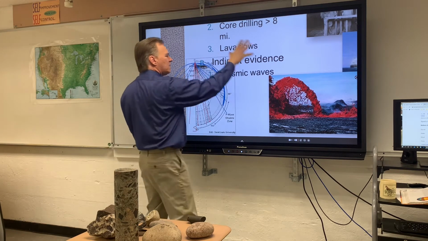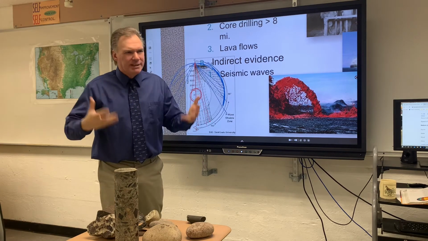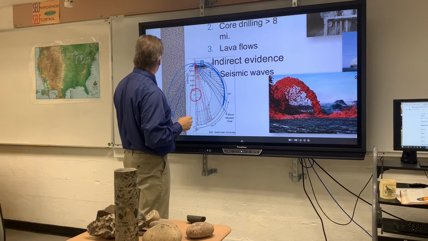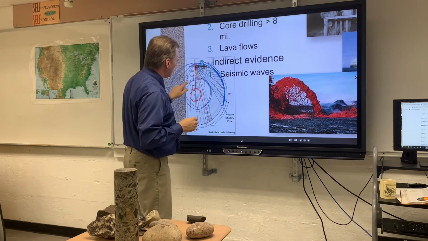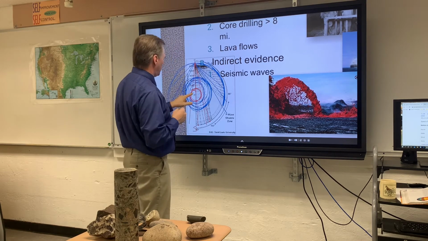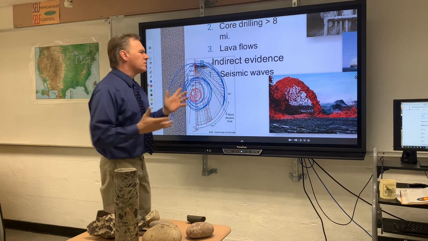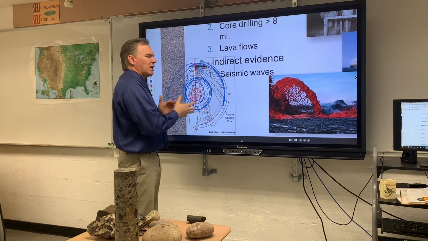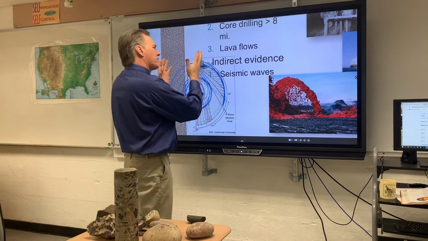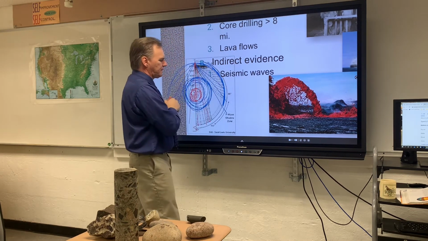So from all of this indirect evidence from earthquake waves, even though we've never been there and we really can't go there, they have determined that this outer layer, the outer core, is a liquid, and the inner core is a solid. Pretty cool that we can do that without ever having gone there. Now is it exact? Well, we may tweak it if we find out more information, but this fits our observations, even though it's indirect evidence.